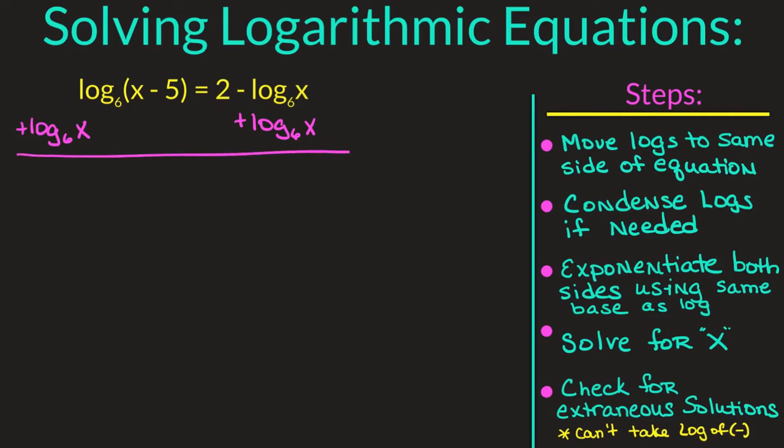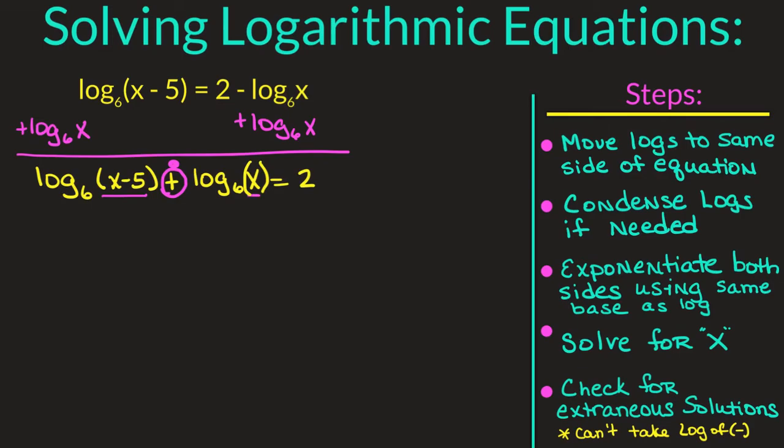This gives me, now we have log base 6 of x minus 5 plus log base 6 of x equals 2. So now we need to go ahead and condense our two logs, because don't forget we have a plus in the middle, which means that we're going to multiply the x minus 5 and the x together.